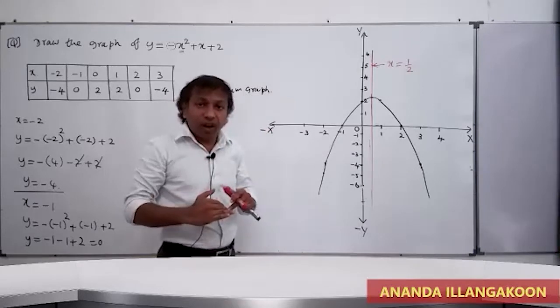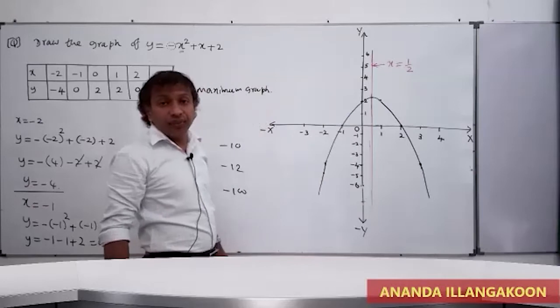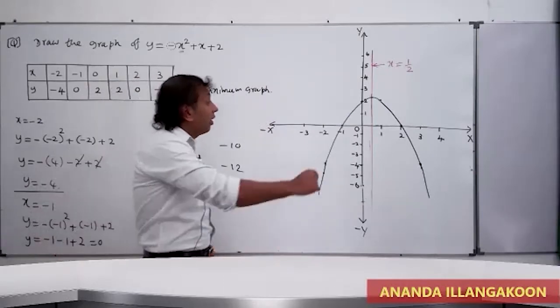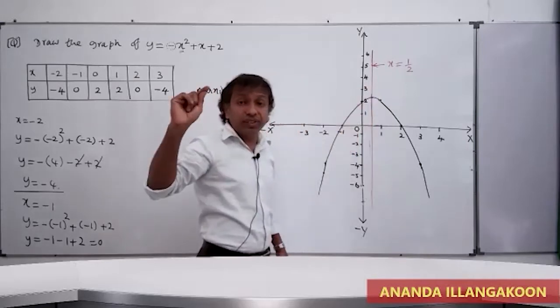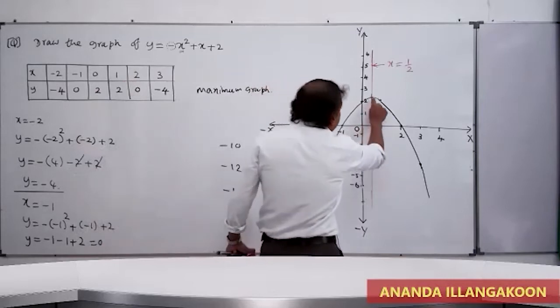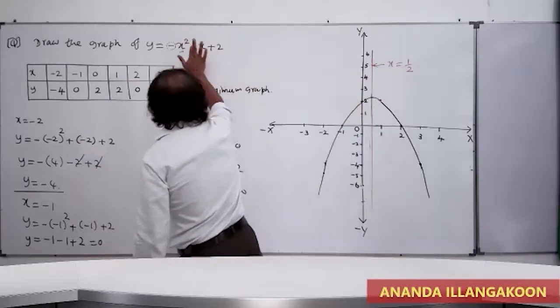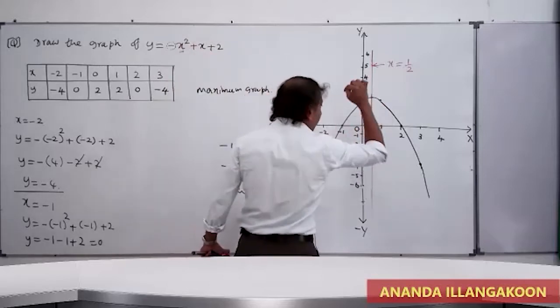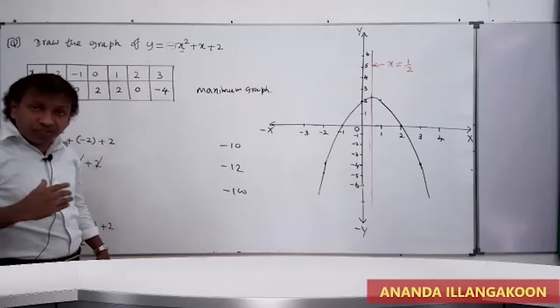Divide by 2, half. x equals half. Right? And the maximum y occurs where? At the vertex. That can be found. At this point the x coordinate is half. Putting that half here and simplifying, we get the maximum y value. Then the graph has, as before, the same properties.